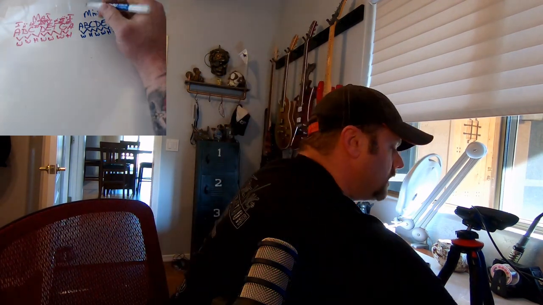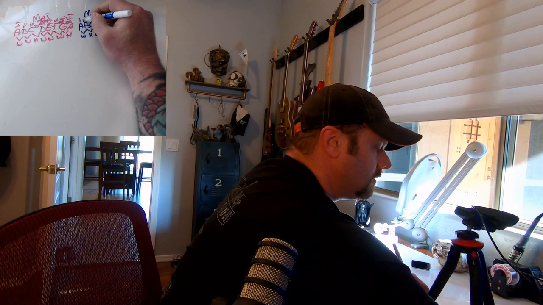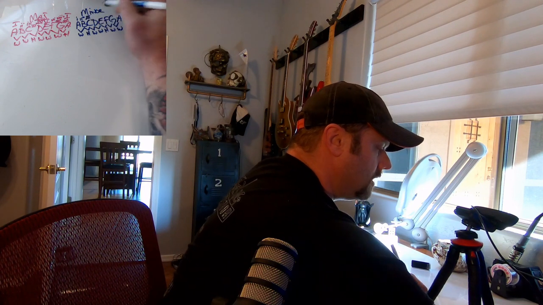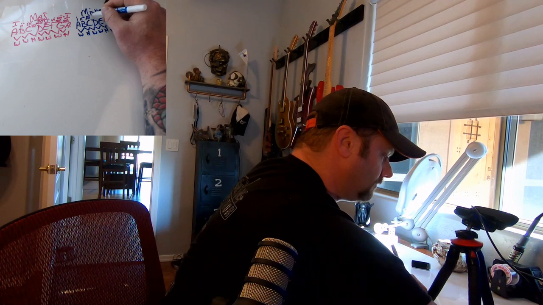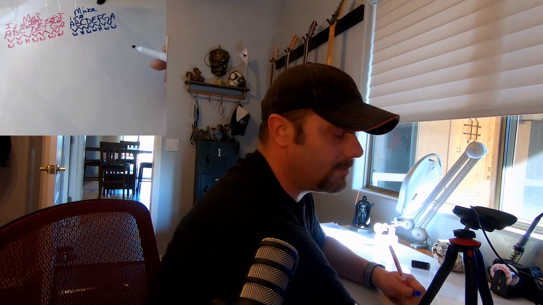So with the minor, it's a little bit different. So we're starting with a minor, right? The 2 is our diminished. 3 is major. And 4 is major. Right? No, wait a minute. No, I'm sorry. 4 is minor.